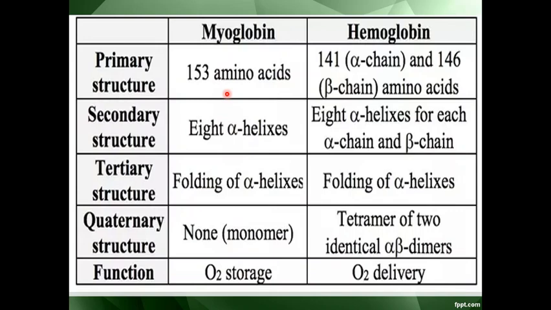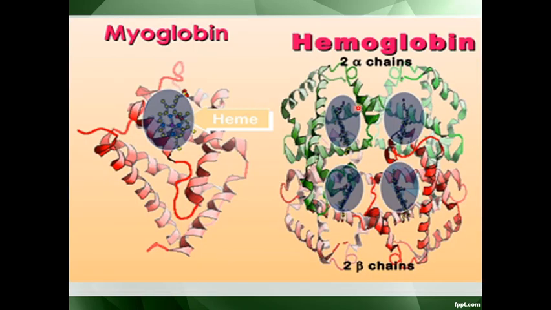Quaternary structure. Quaternary structure means the arrangement of the monomers in such a way as to make a complete functional unit. Right? I'll go back to the diagram. Suppose these chains are separated, if these monomers are separated, they will not function. Right?